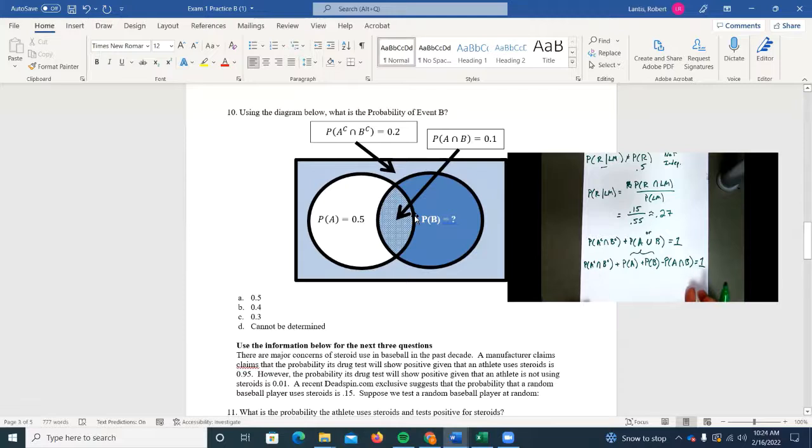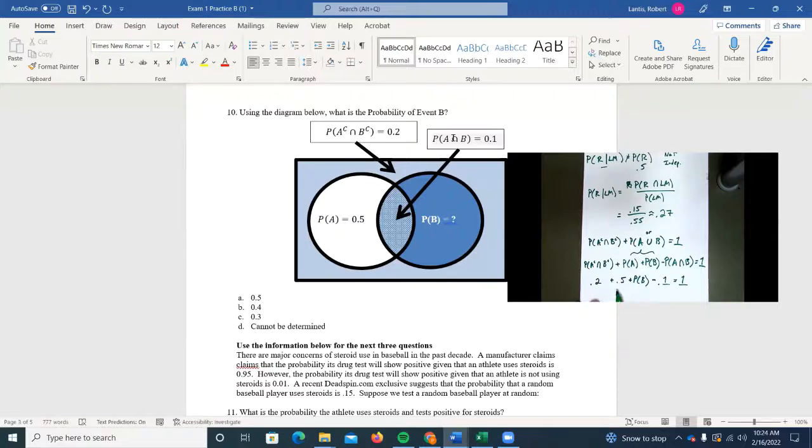Now it's a matter of plugging my values in. I was told the intersection of the complements is 0.2. The probability of A is 0.5. I'm looking for the probability of B, so that's what I don't know. And the intersection of A and B was 0.1. Those should all add up to 1. Now it's a little bit of algebra.